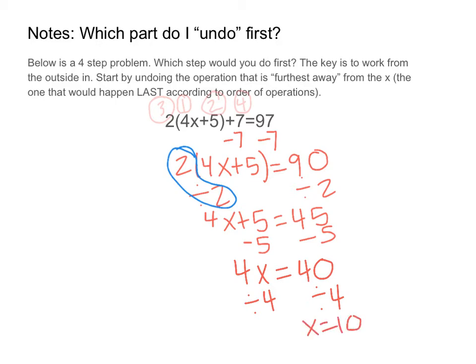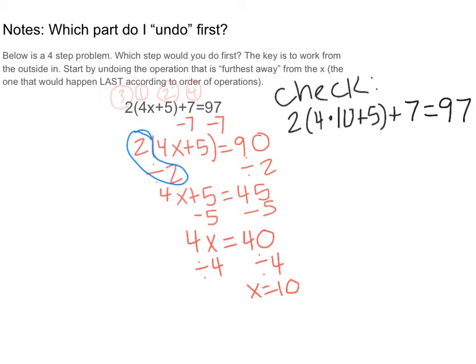And then to check my work, I plug it back in. So I wrote the original expression, but instead of the x, I put in the 10 that I solved for. And now I check and see if it works. So following order of operations, the first thing is the 4 times 10 is 40. And I'll rewrite the rest.